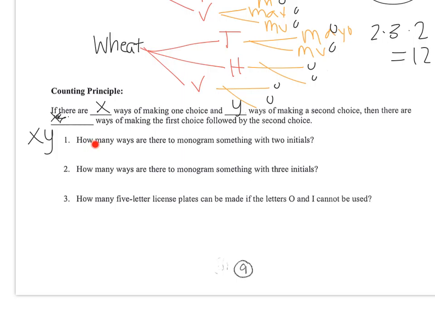So we'll use this. How many ways are there to monogram? Monogram means to, kind of like, embroider or sew letters on something. So if you have a shirt and you want to monogram the word math, how many ways are there to monogram something with 2 initials? This 2 tells us the number of underlines we should do.